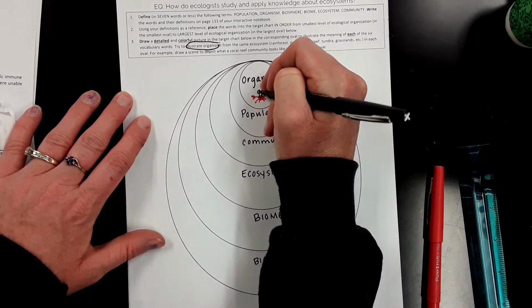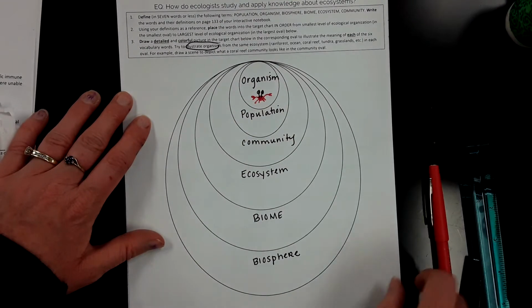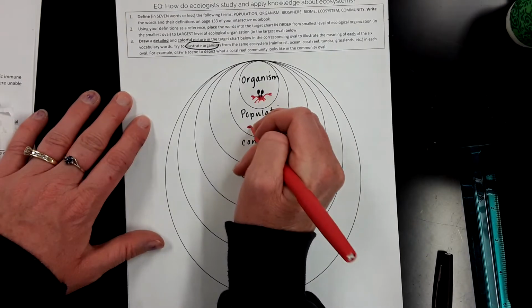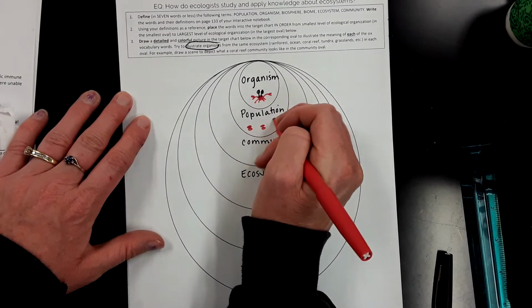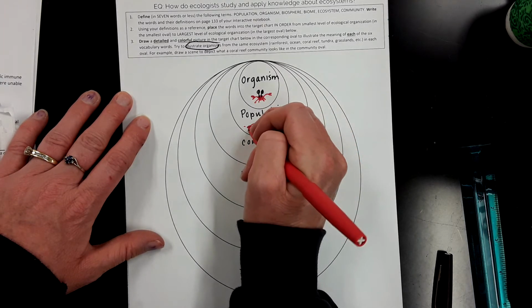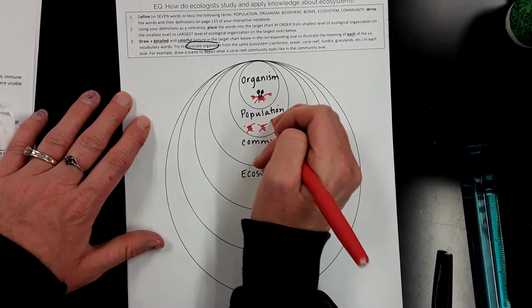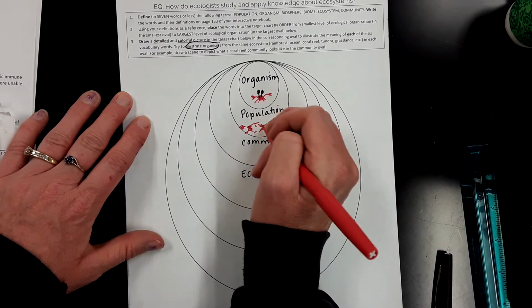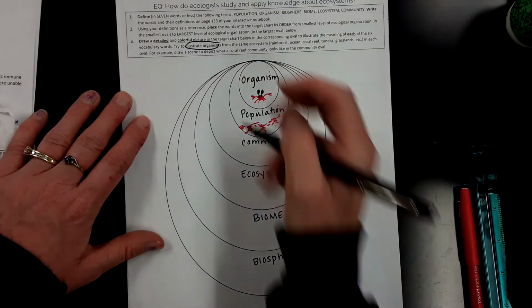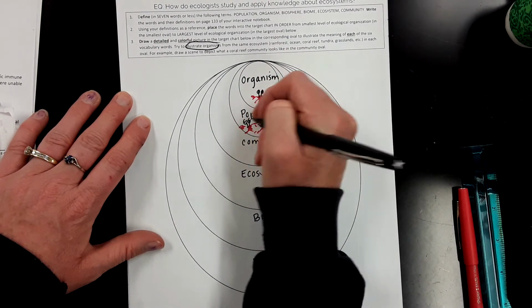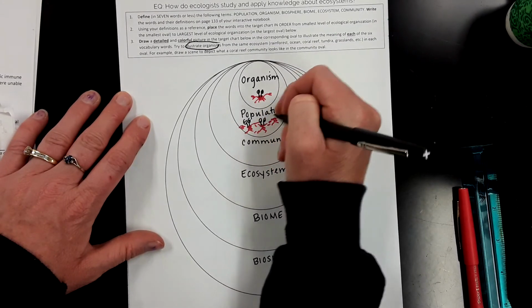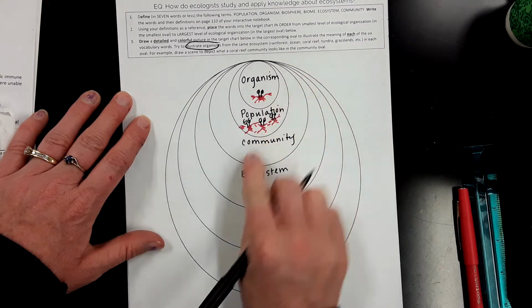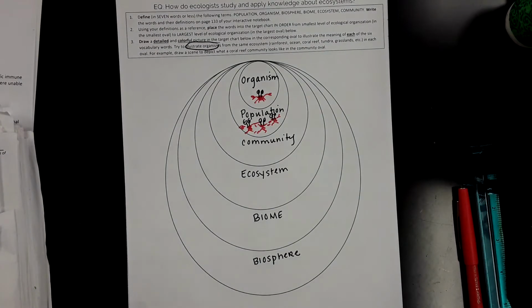In a population, I would have a whole group of crabs. So then I give them their little eyes. The community will be the crabs combined with the other species.